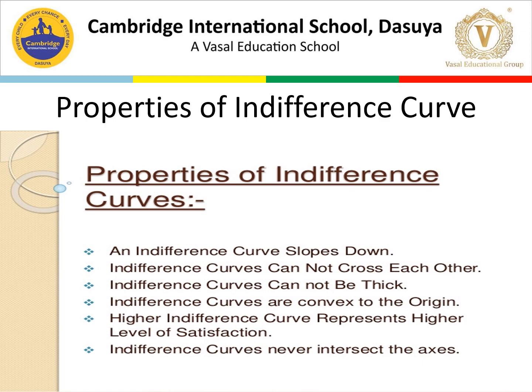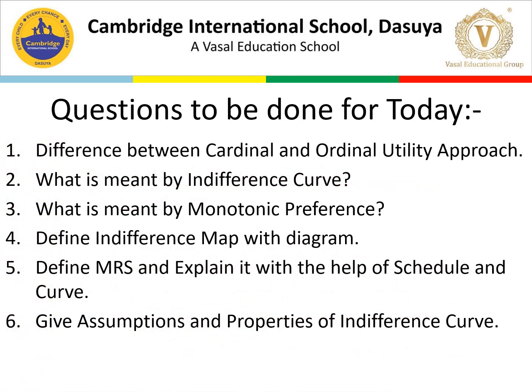So in this we have covered all about the indifference curve. Let's now move to the last part of our slide, that is the questions to be done for today. The first question is the difference between cardinal and ordinal utility approach.